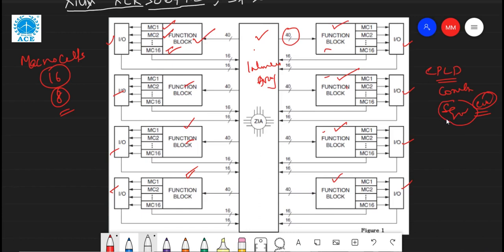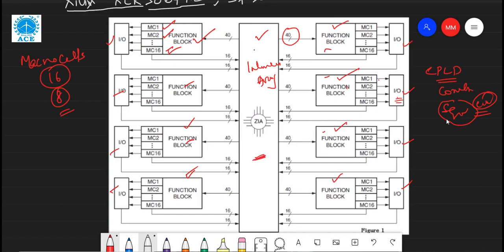So here macro cells are directly connected to the IO block, that is, the input output blocks, which consist of input as well as output. And the output of the functional block, or macro cell functional block, is reconnected to the interconnect array.